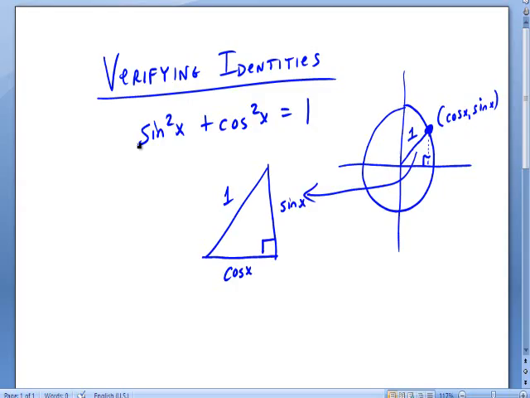Now just use Pythagorean's theorem, and you quickly see that cosine squared plus sine squared is equal to 1 squared, or 1. Most of the time we don't use a geometric viewpoint to try to prove identities, but for this one, as it is so basic and it has such a nice geometric proof, this seemed to work out well for this example. Other types of examples we might work with more of an algebraic approach to them.